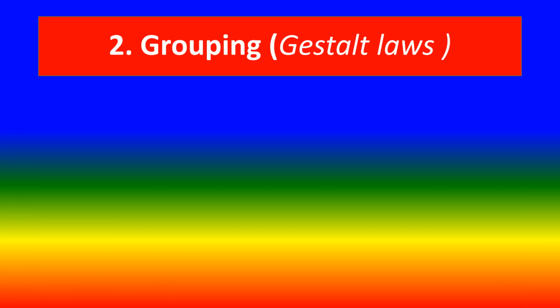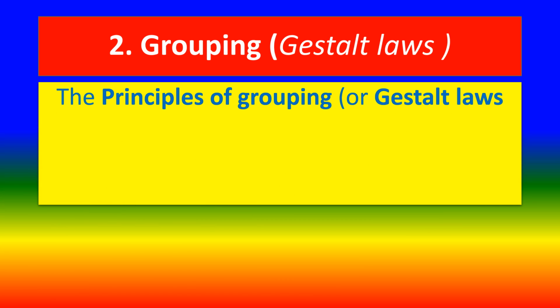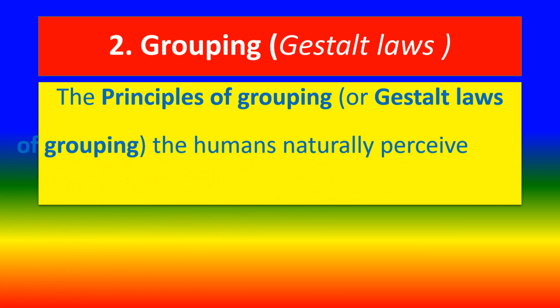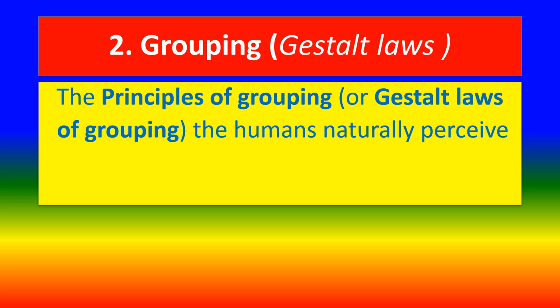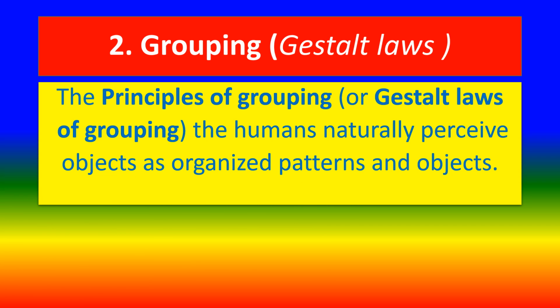Second feature, grouping or Gestalt laws. The principles of grouping or Gestalt laws of grouping. Humans naturally perceive objects as organized patterns and objects. Look at this picture.